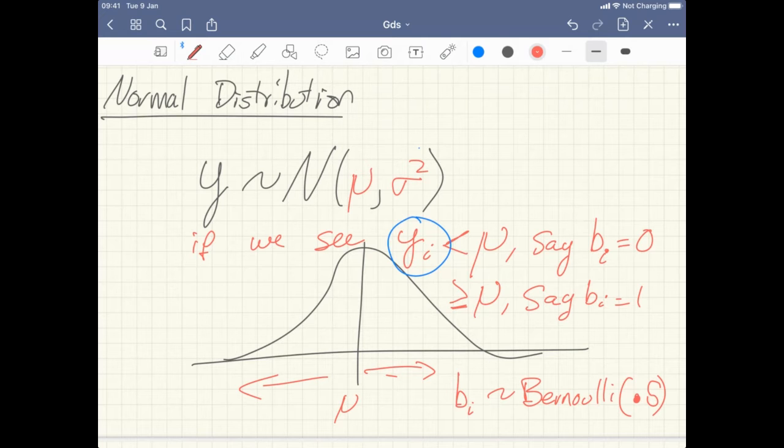So we're just as likely to be 0 as we are 1. So by linking things like y to things like b, we can transform one distribution into another distribution. Does everybody see how that works?